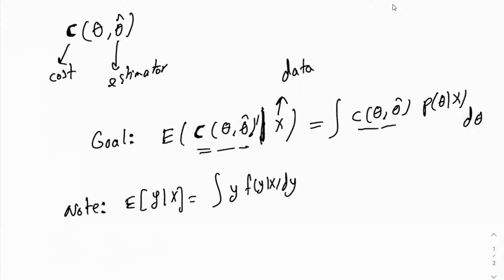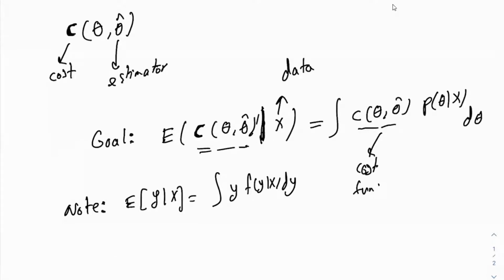Now, this is the cost function. This is the posterior distribution. Remember, I said posterior is very important in the context of Bayesian estimation as opposed to likelihood.